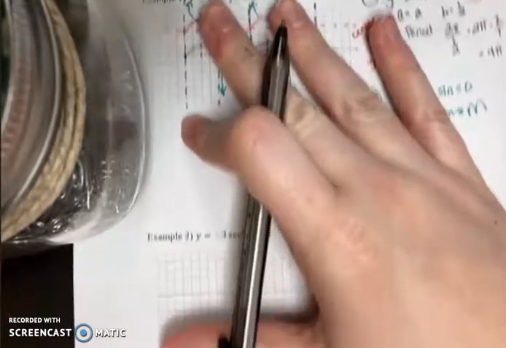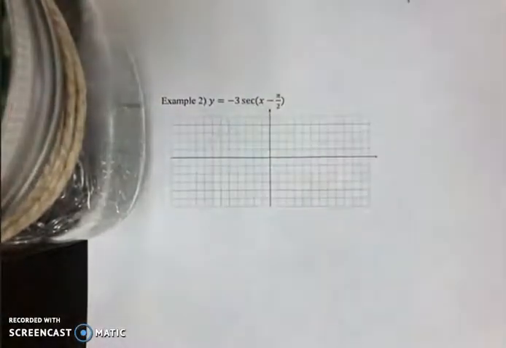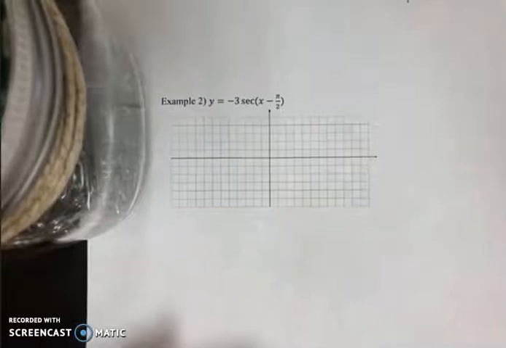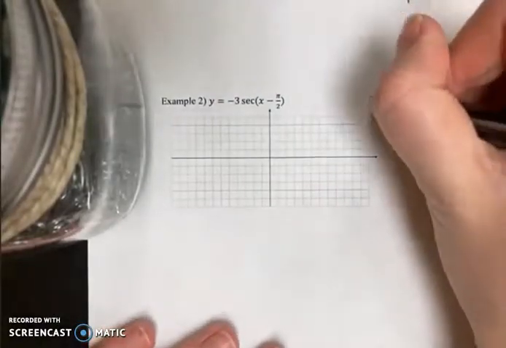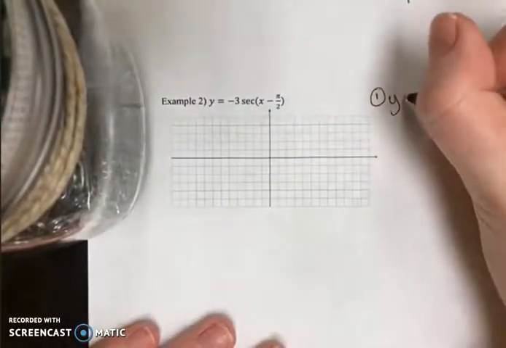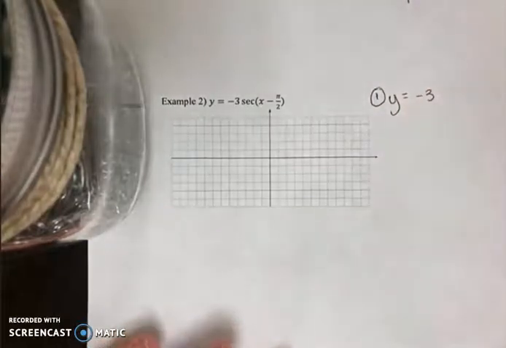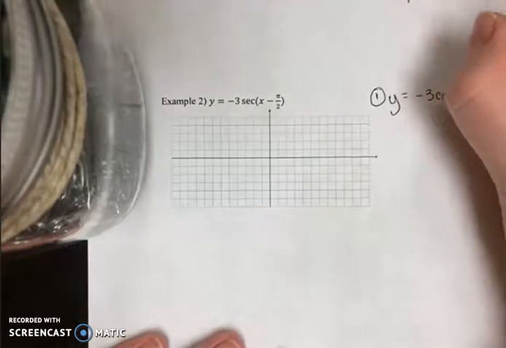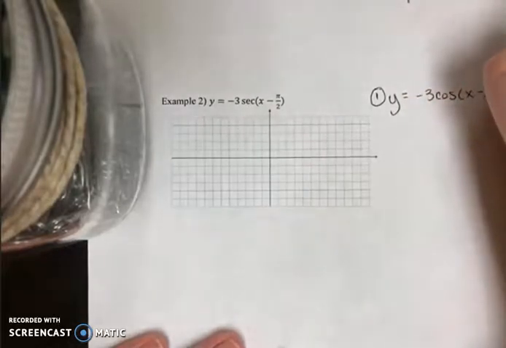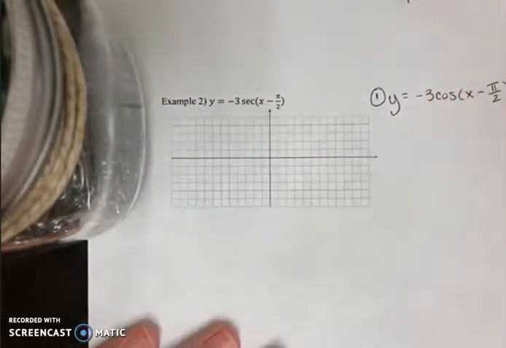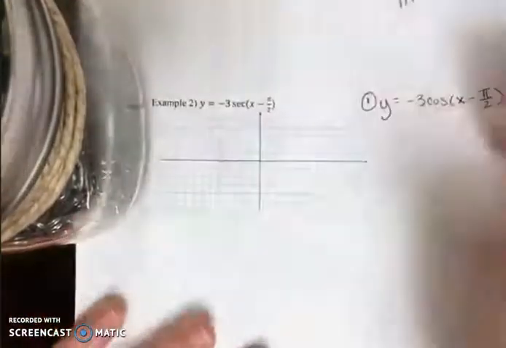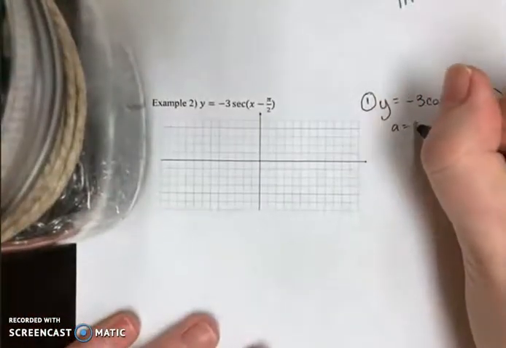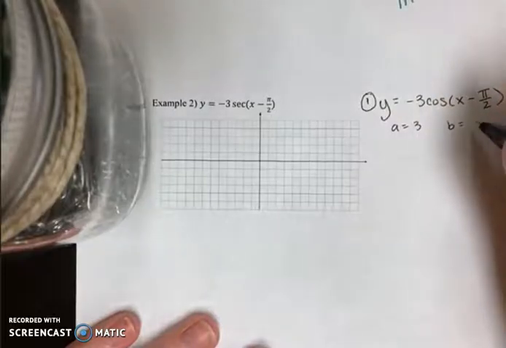Let's try another one. Example 2, the first thing I have to do is graph y equals -3 of the reciprocal of secant. That would be cosine. And when we're graphing cosine, just like how when we're graphing sine, the first thing you should do is graph it without the transformation.